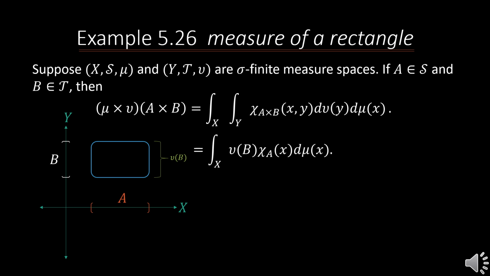This is consistent with what we've done earlier in the presentation, and we find that this is the measure of B with respect to nu times the characteristic function of A, this time just with the input variable x. We apply one more time our strategies from before, and we find that this is the measure of A with respect to mu times the measure of B with respect to nu, pictured here.